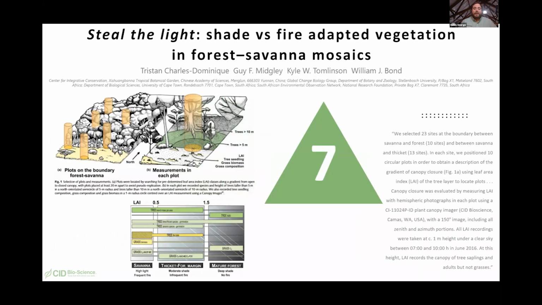The next study was looking at the transitions between the forests and savannas, because these are very abrupt changes.